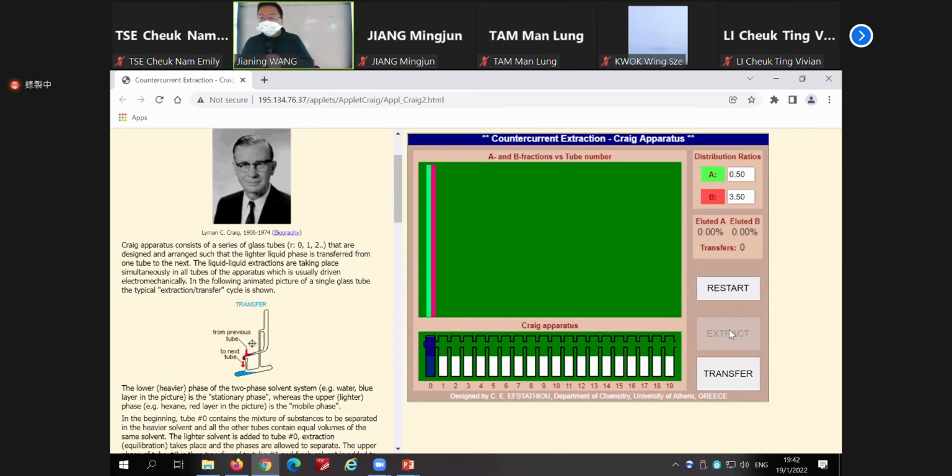So mix, extract, shake the apparatus, and transfer. A has 0.5, so this one over this one is 0.5, and B has 3.5, so this one divided by this one is 3.5. So they have different distribution ratios.